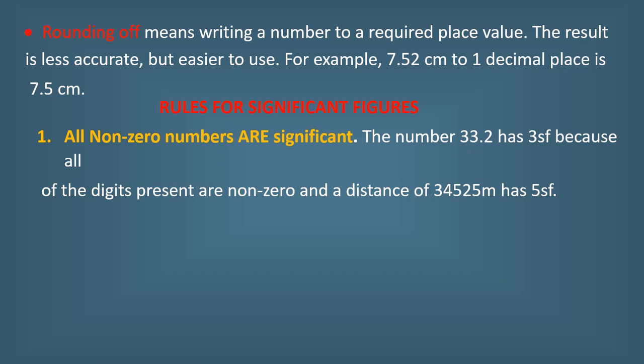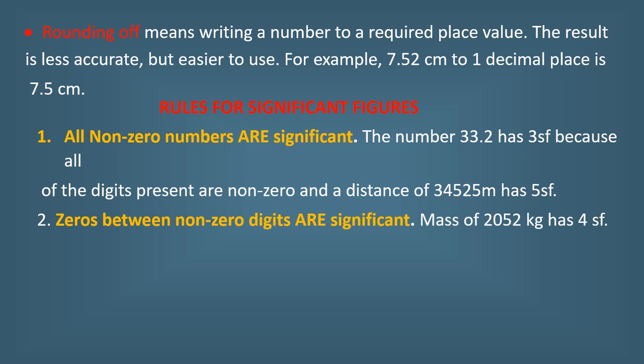They are not zero, in other words. And therefore this value here, 34525 meters, has 5 significant figures. So that is rule number 1. Know that a non-zero digit is significant.